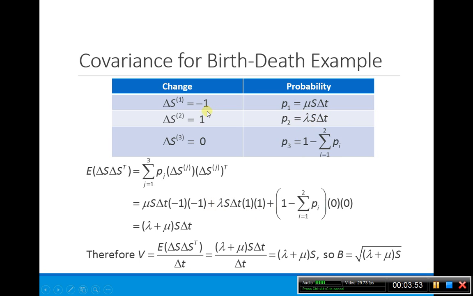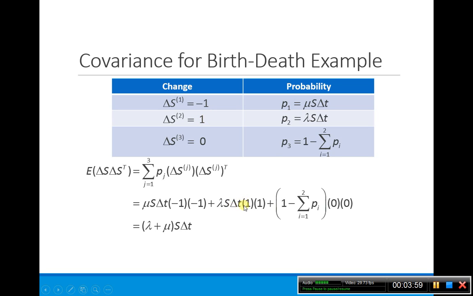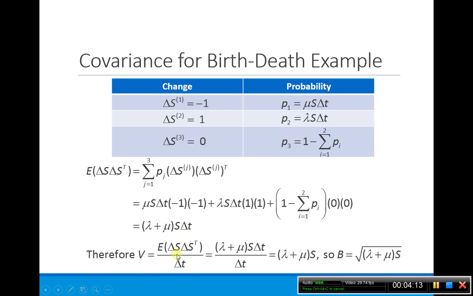Then we have the probability of the second change times its change transposed, and the probability of the third one times 0. This simplifies to lambda plus mu times s delta t. Then our v is just what we already found divided by delta t, so we have lambda plus mu times s. And our b that goes into our formula is the square root of that, or v to the 1/2. Sometimes it's going to be a matrix, which you're going to see next time. It's not as easy to find the square root when it's a matrix, but this is just one compartment.